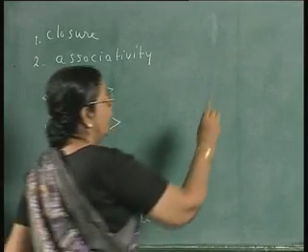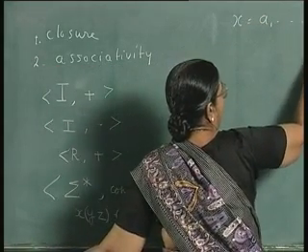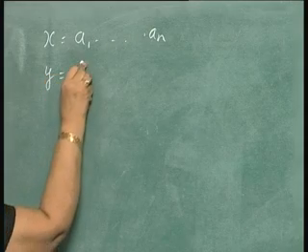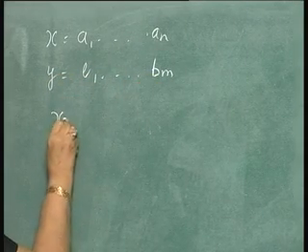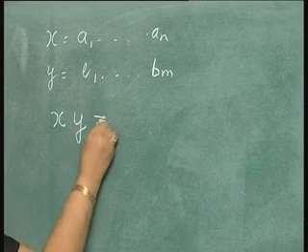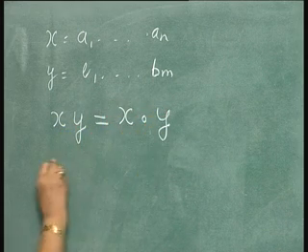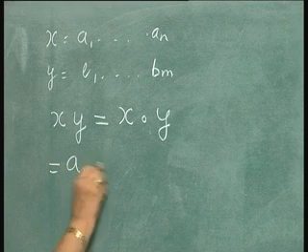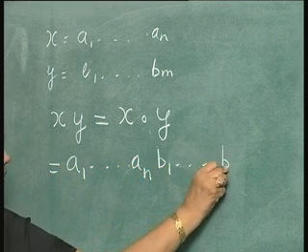If you take two strings, x equal to a1, a2, ..., an and y equal to b1, b2, ..., bm, then the concatenation of x and y is denoted by xy, and sometimes by x dot y, and is given by a1, a2, ..., an followed by b1, b2, ..., bm.